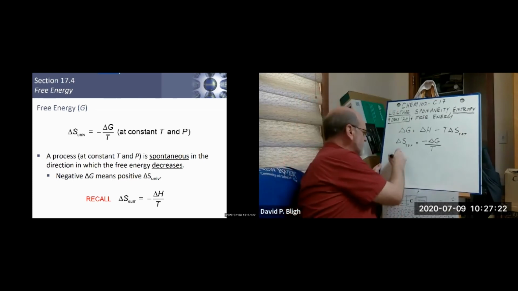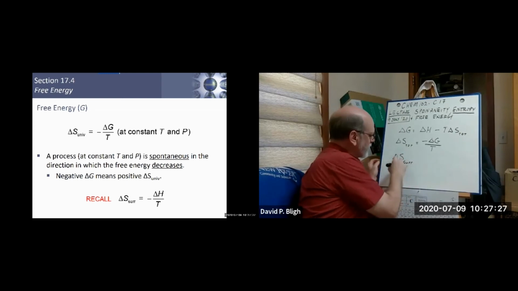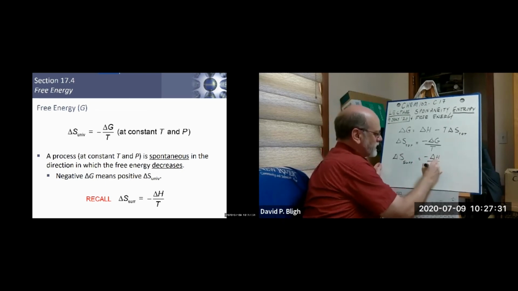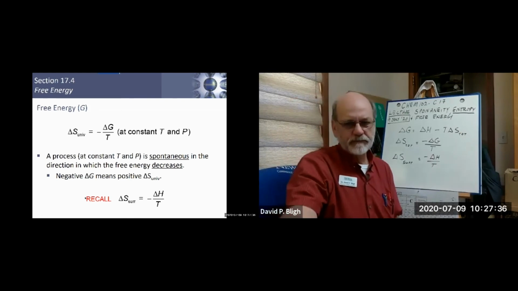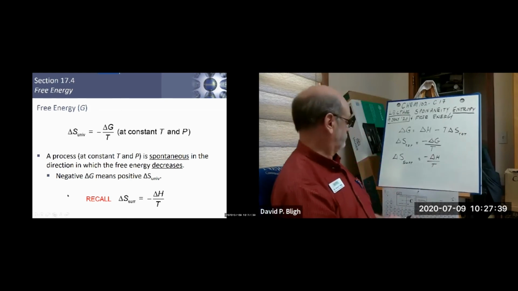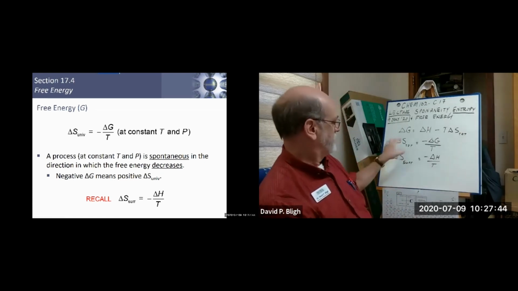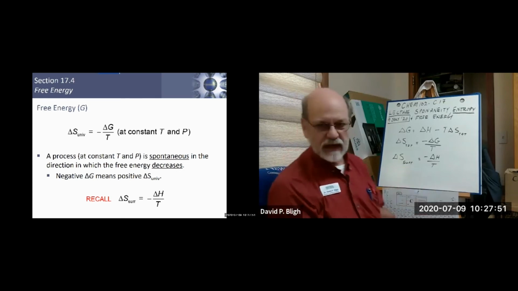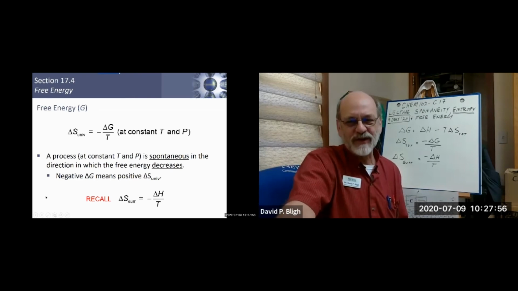Also, we still have, just to review, the delta S for the surroundings is equal to minus delta H over T. So we could say this is equal to that one plus system. And then we run out of time. So I'm going to have to go to the next slide.